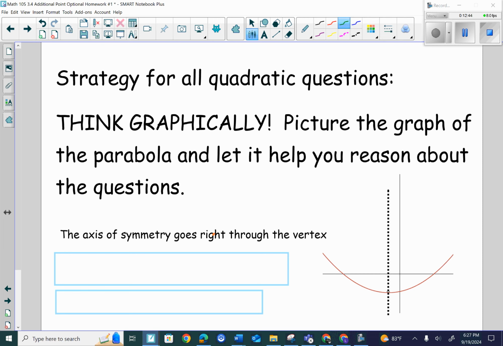So if your vertex was down here at point (a, b), you would know that the axis of symmetry has the x-coordinate, which never varies, and it would have the equation x equals a. All right, so think visually. Just think about that axis of symmetry and where it would be on the parabola. It goes right through the vertex. x never changes, so x equals that x-coordinate of the vertex.